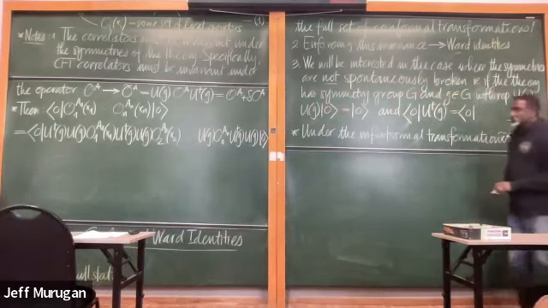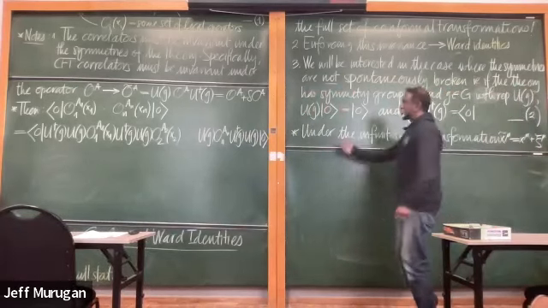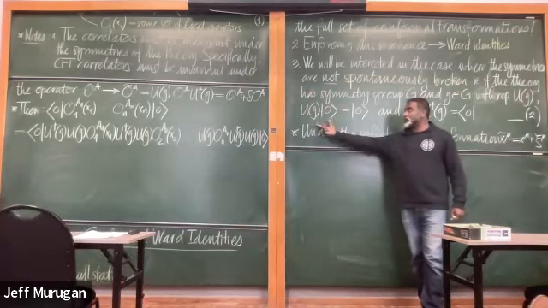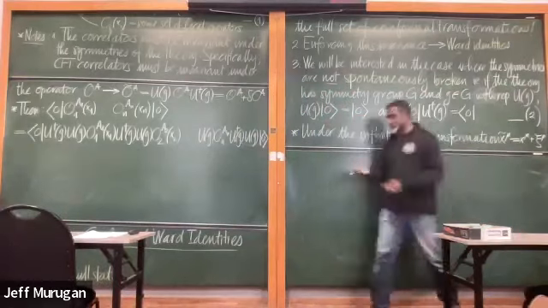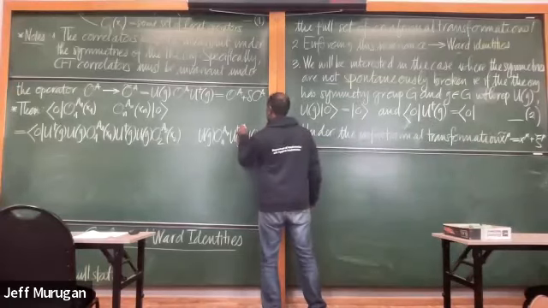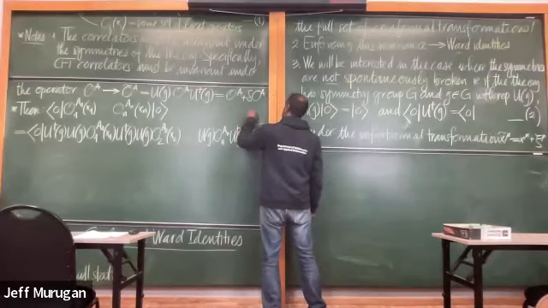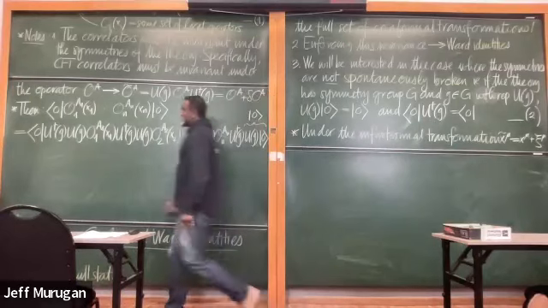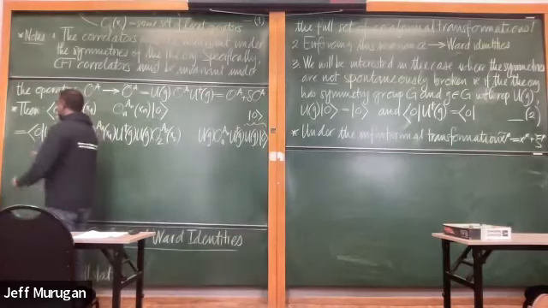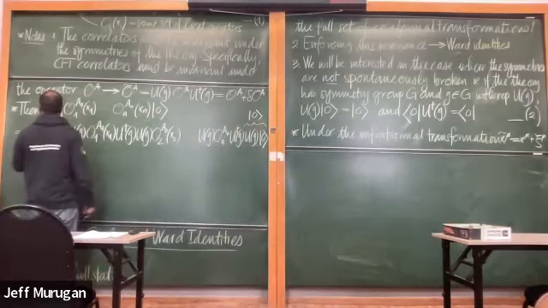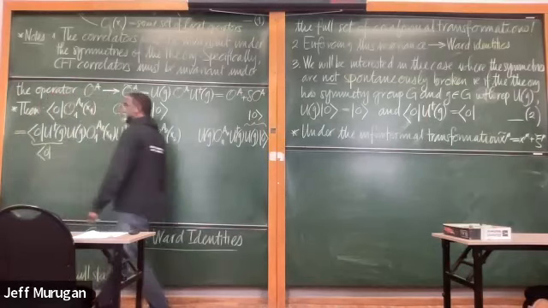Okay. So then I use the fact that the symmetry is not spontaneously broken. So the action of U on the vacuum leaves it invariant, so this is just the vacuum. And the action of U† on the vacuum leaves it invariant, so this is also just the vacuum.